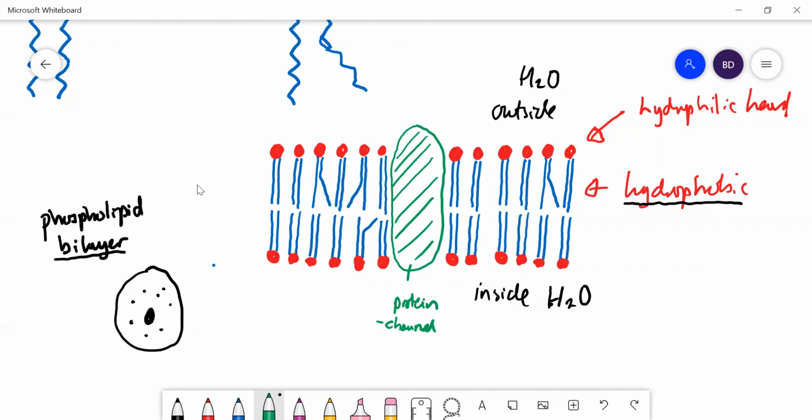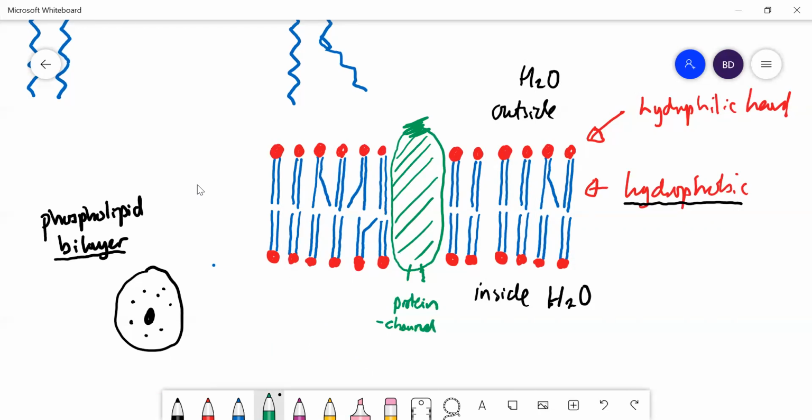It could be a site that recognizes a hormone, so a hormone may bind to this end here, and that causes changes down at this end of the molecule, and then transmits information to the inside of the cell, telling the cell that insulin or whatever has bound to the outside, and that causes changes inside the cell. So membrane proteins do lots of really important functions, which you'll find out about later.